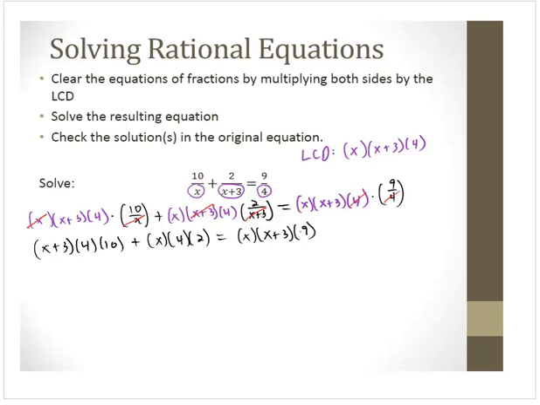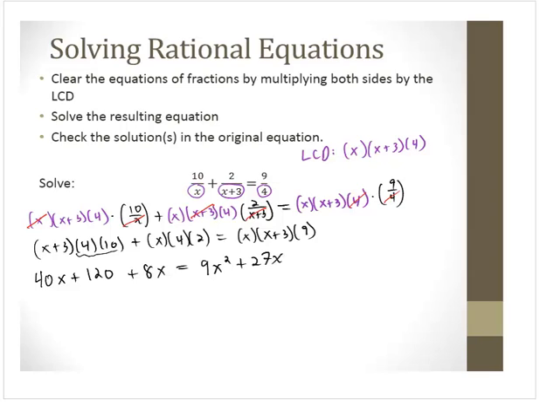And we'll solve this equation. Alright, so notice that on the first term, 4 times 10 is 40. And distributing through the x plus 3, that's 40x plus 120. X times 4 times 2 is 8x. And on the right-hand side, x times x plus 3 is x squared plus 3x, times 9, 9x squared plus 27x.